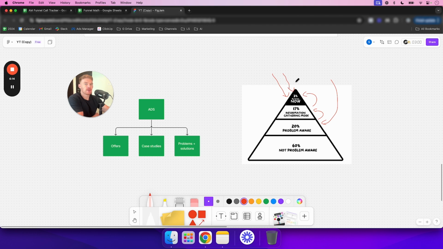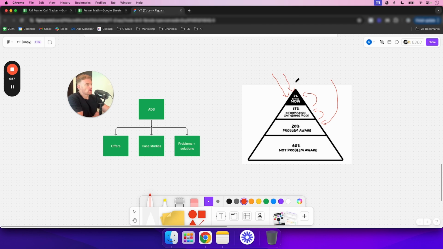Because again, we're spending 2, 3, 4, 5K a month. Yes, you might spend a little bit more if you want to. It depends on the operations of your business, how many clients you can take on board. But you're not burning through $100,000 a month in ad spend, right? Because that's going to get you, honestly, too many clients that any agency could probably handle. So it actually makes it a little bit easier.